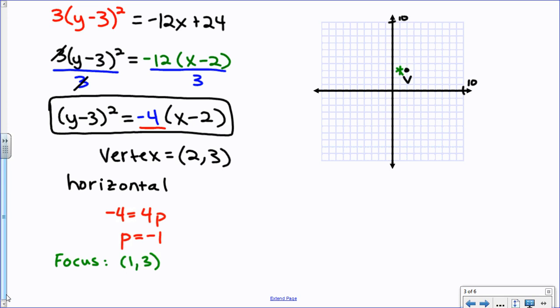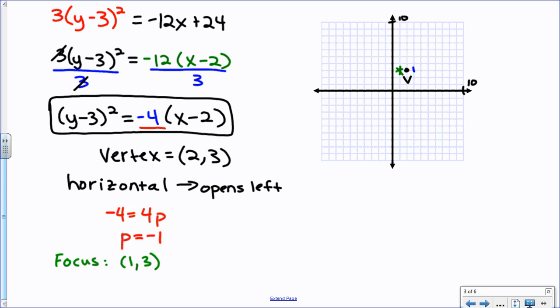So this opens left because P was negative. If it were a vertical parabola and P were negative, it would open down. So since it's negative, it has to open in the negative direction. Okay, so then my directrix, from my vertex, I move 1 unit opposite of P, so 1 unit right. So it's right here.